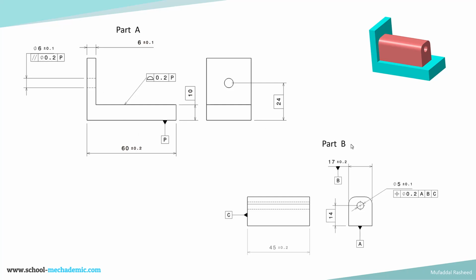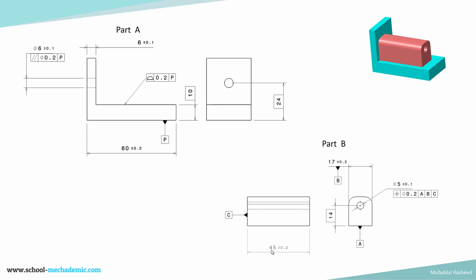Here is part B, which is the pink color part. So the bottom surface is datum feature A, the primary datum feature, and datum feature B is the width of the part, the feature of size 17 plus or minus 0.2, and datum feature C is this end surface.